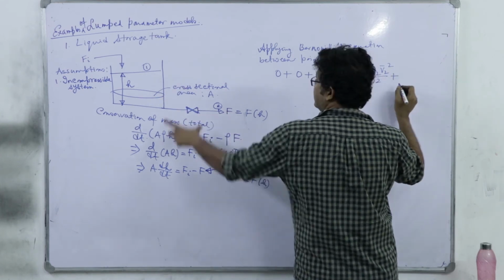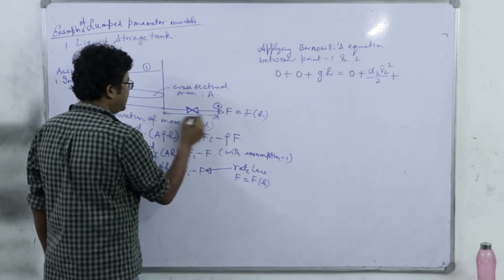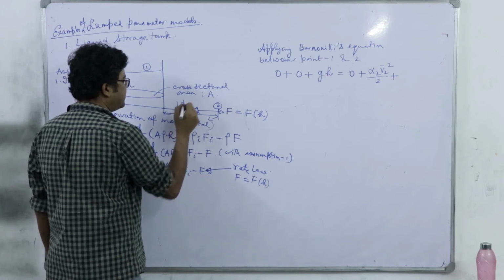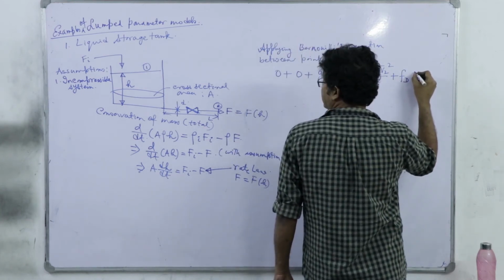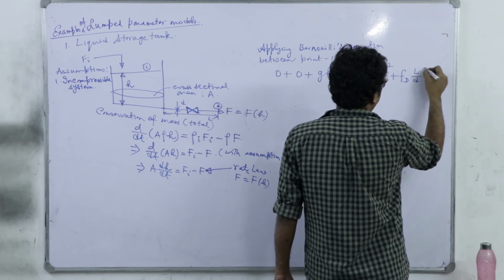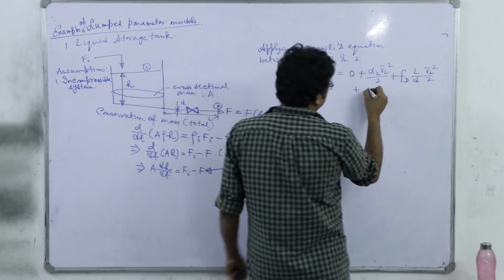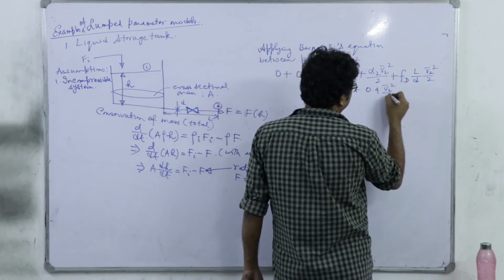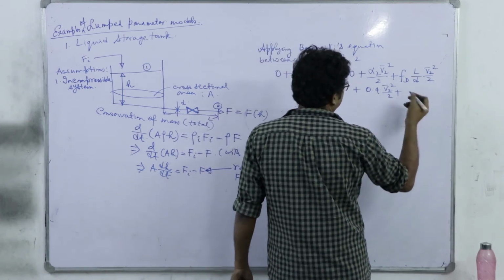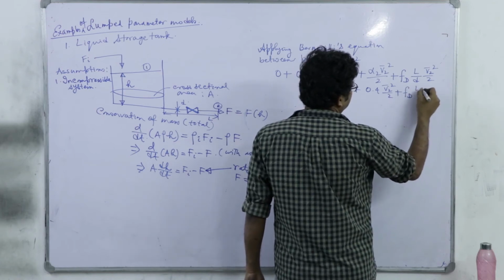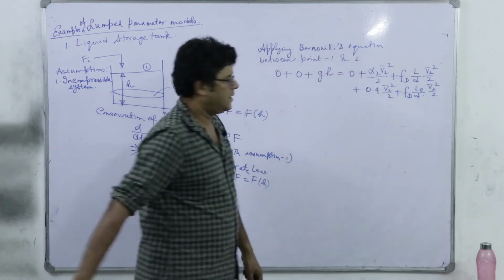Now head loss for this pipe segment, let's think this pipe is of length L and diameter D. So it is Fd, Darcy's friction factor, into L by D into V2 bar square by 2. Plus minor loss, there will be some contraction, so it is 0.4 into V2 bar square by 2. And loss for this valve, so we can write again Fd into Le by D, the equivalent length concept, into V2 bar square by 2.